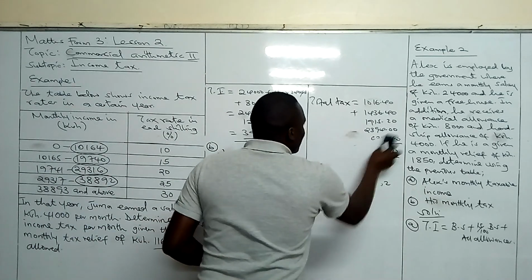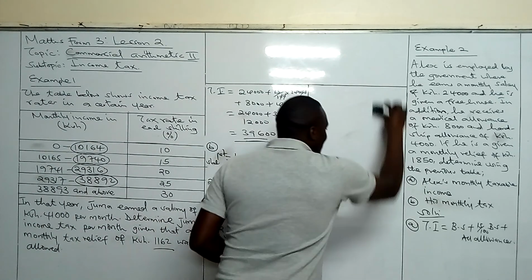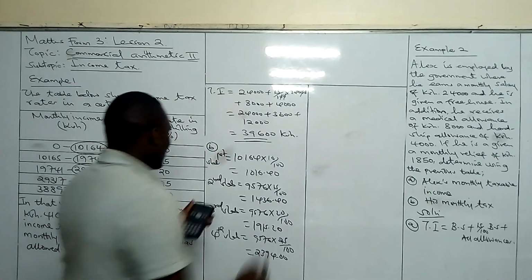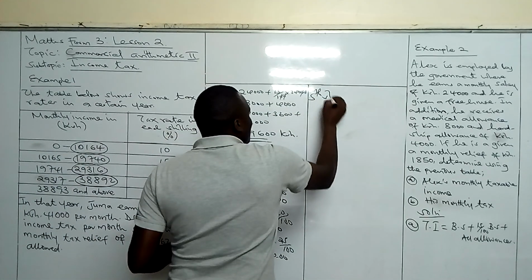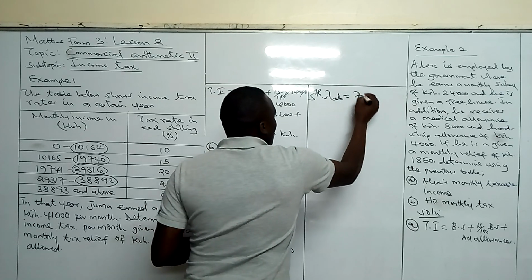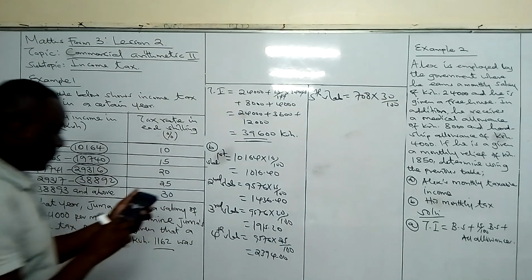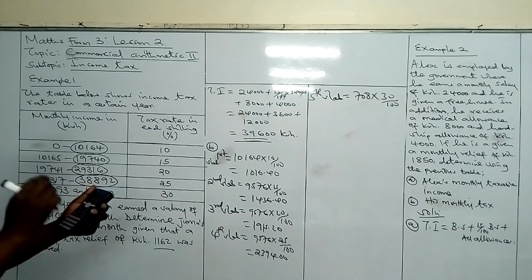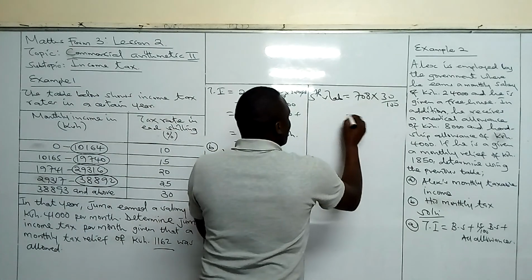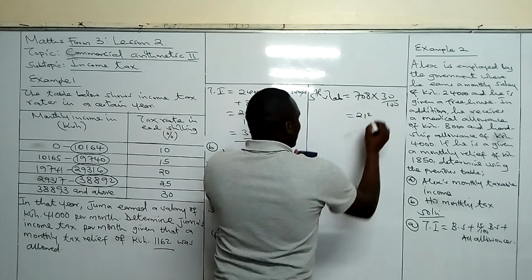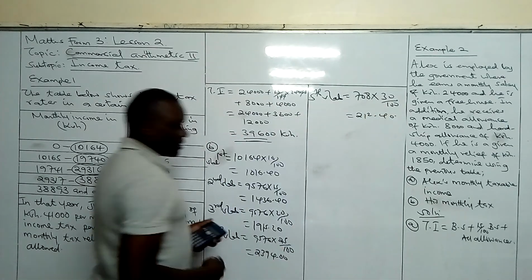So we will wrap this one very fast. You know, I'm rushing because of time. Then in our last slab, we will now say 708 times 30, then we divide by 100, whereby I will obtain 212.40 cents.